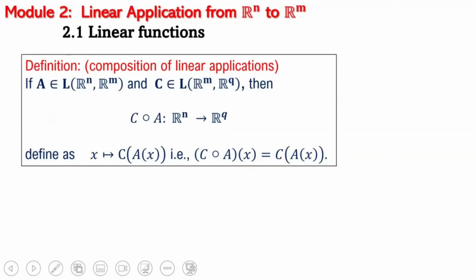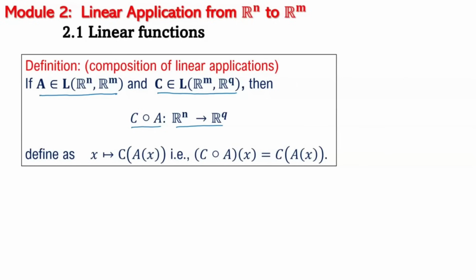Okay, now another definition is the composition of linear functions. If A is from L(R^n, R^m) and C is from R^m to R^q, then the composition of these two linear functions, C composition A, is given as R^n to R^q.